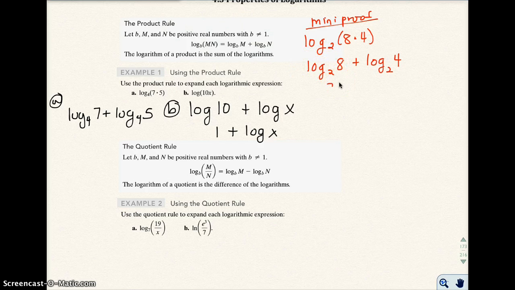And this would equal 2, because 2 to the second power is 4. So I get 3 plus 2, which is 5. But if I had done the product first and said the log base 2 of 32, isn't that the same thing as 5? 2 to the fifth power is 32. So I get the same answer either way.